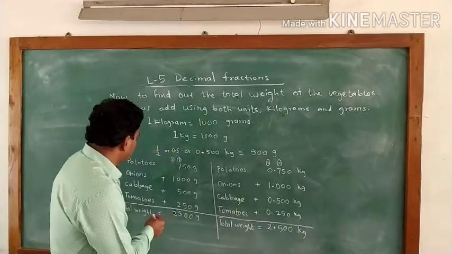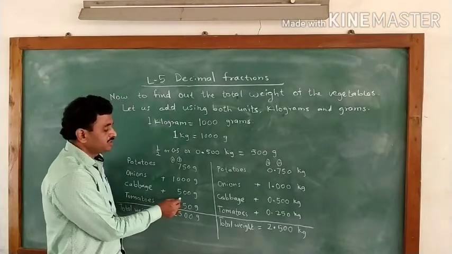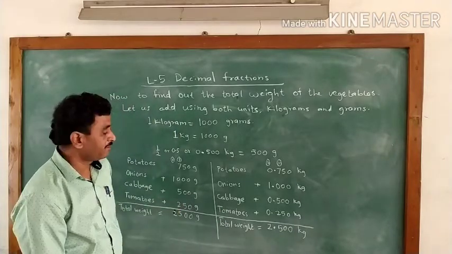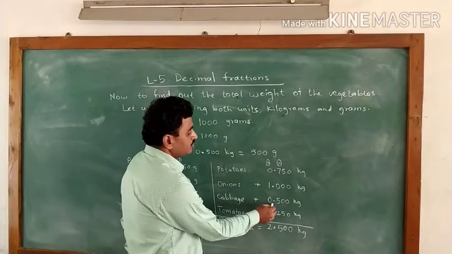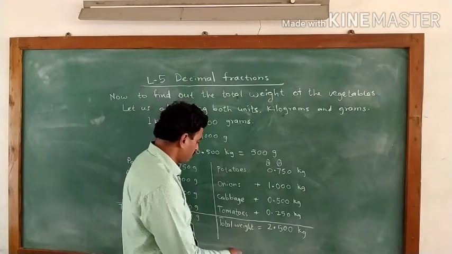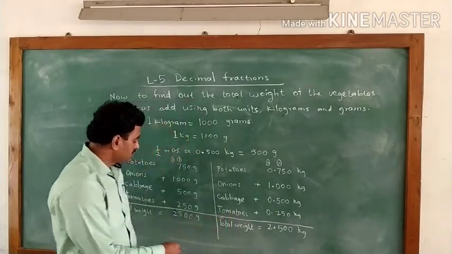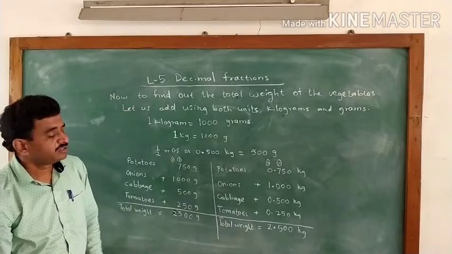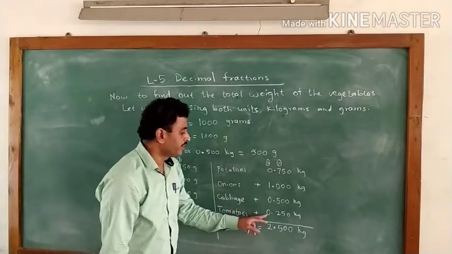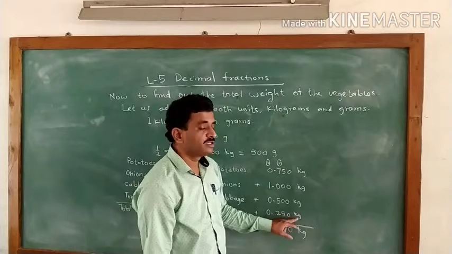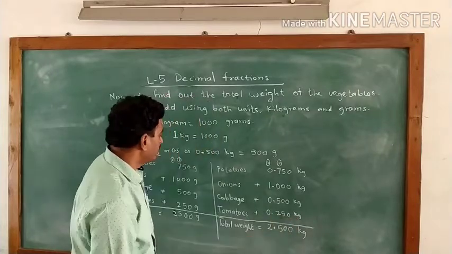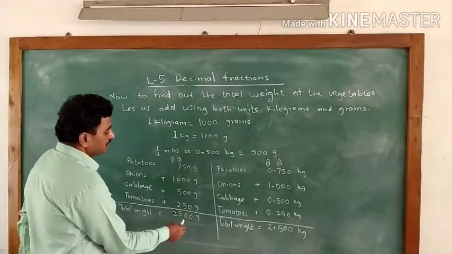Then cabbage is of half kg, so it is 500 grams. That we can write 0.500 kg. Then tomatoes 250 grams, it means 0.250 kilograms. So we can add them here.